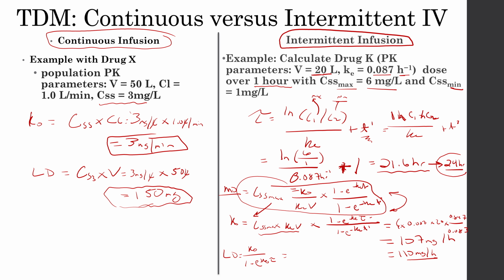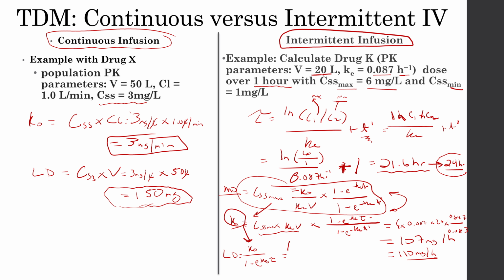And note how we had to actually figure out K naught in order to input it into the loading dose for an intermittent infusion. So this is one of those scenarios where it actually uses the maintenance dose rather than the volume of distribution itself due to the way the drug's been being given.